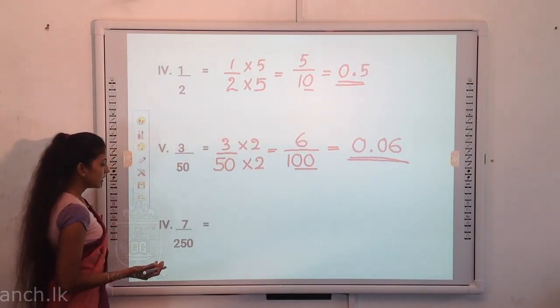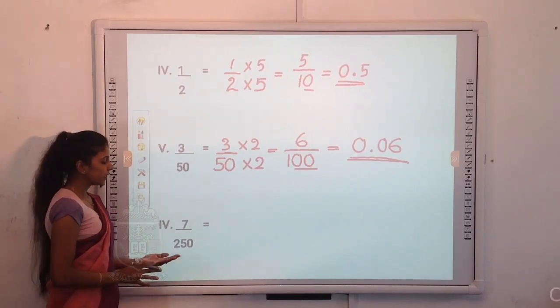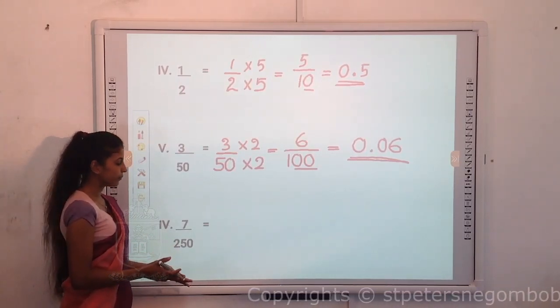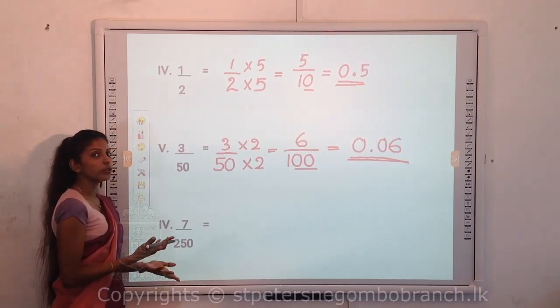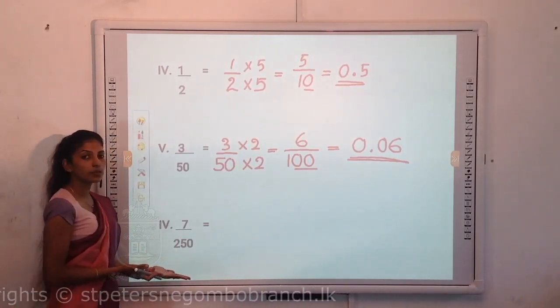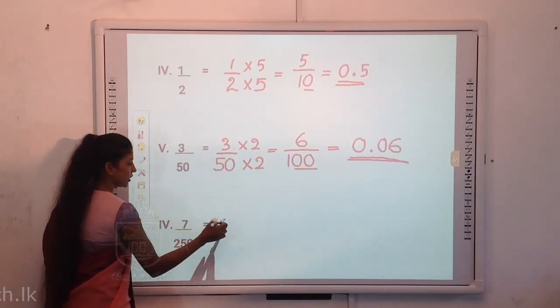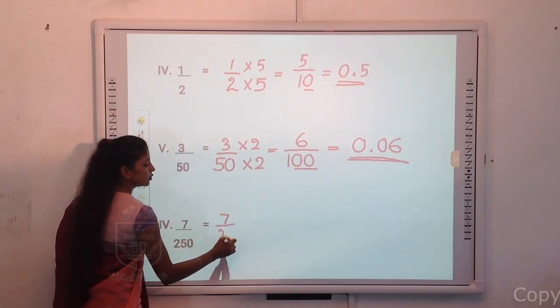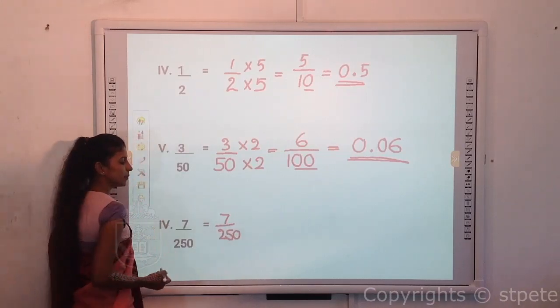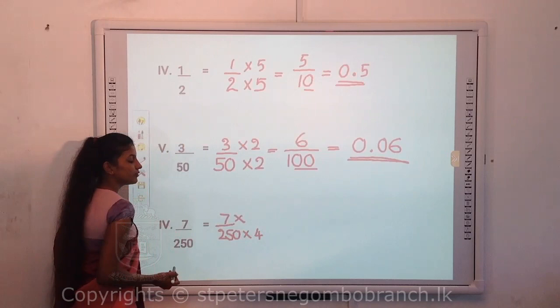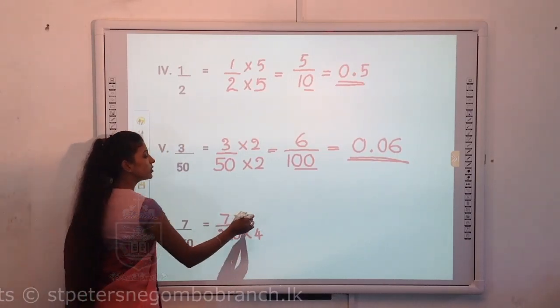Last example. 250 is there in the denominator. So how can we make 250 into a power of 10? 10, 100 or 1000. It is easy for us to make 250 into 1000. So we have to select the number that we are going to multiply. 7 over 250. By which number can we multiply? We can multiply by 4, because 250 times 4 will give you 1000.